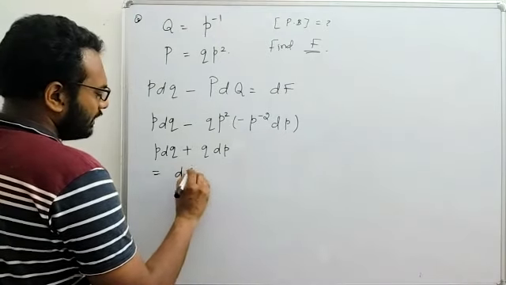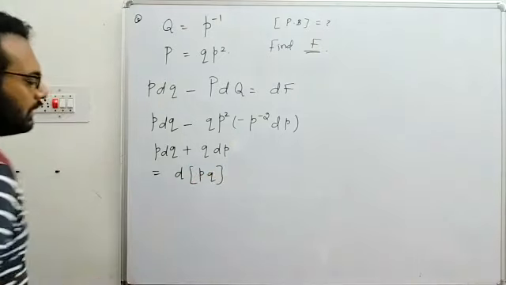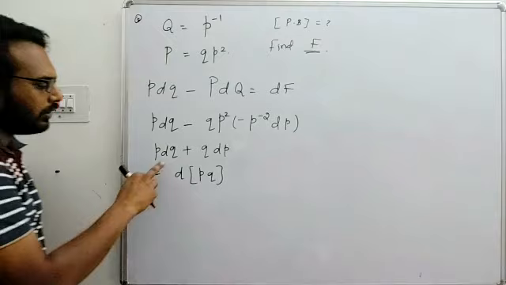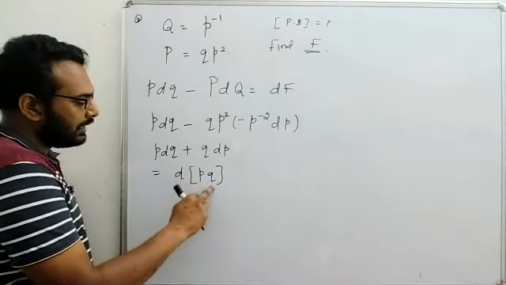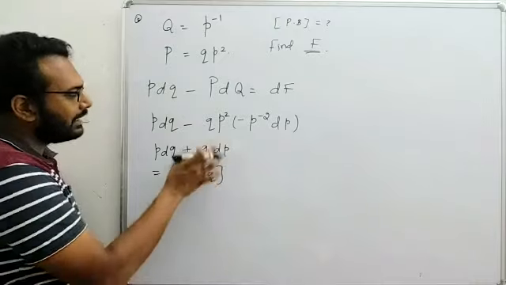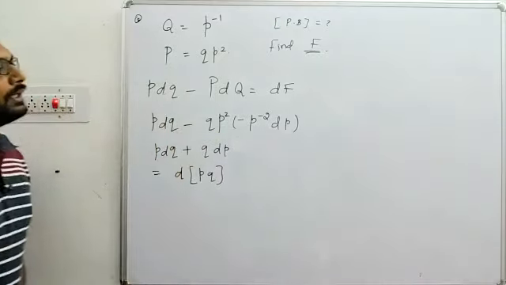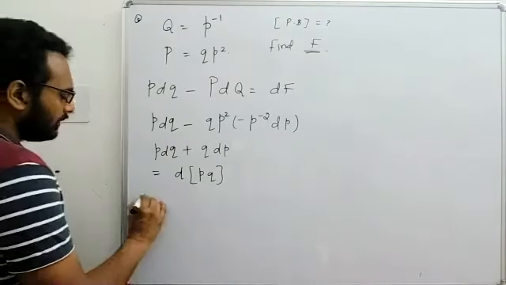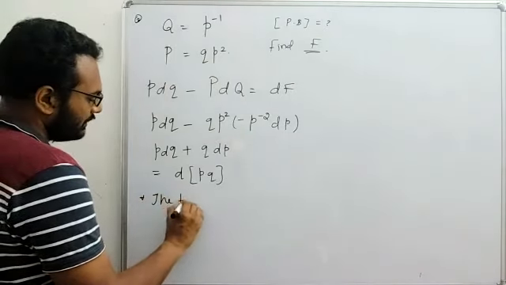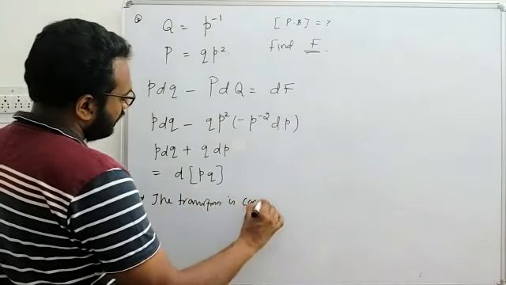This can easily be written as d of p q, because of the product rule, this will give you p dq plus q dp. So this combination is a perfect differential, and so we have got a canonical transformation. So we conclude that the transformation is canonical.